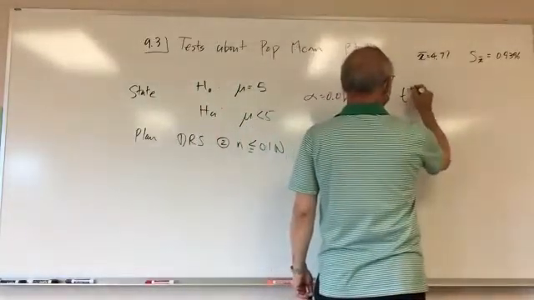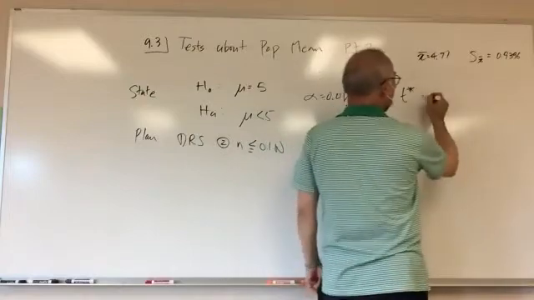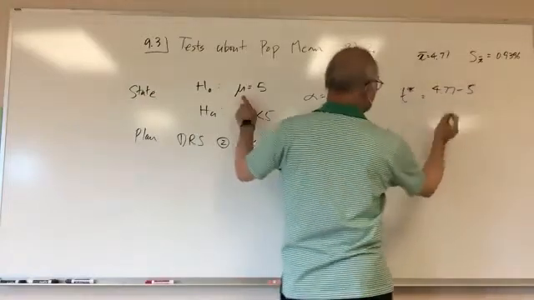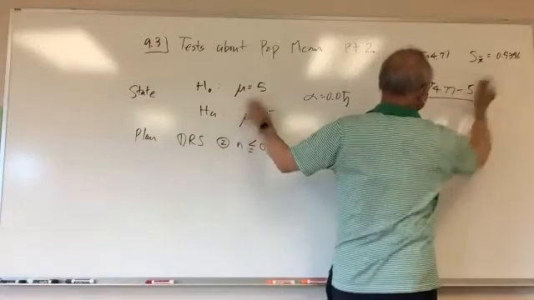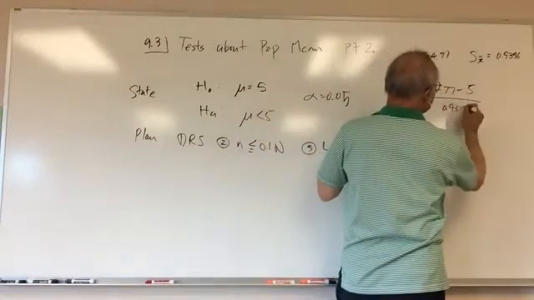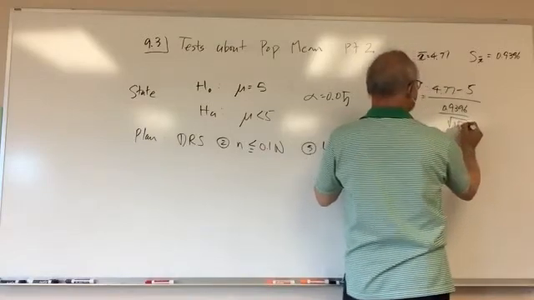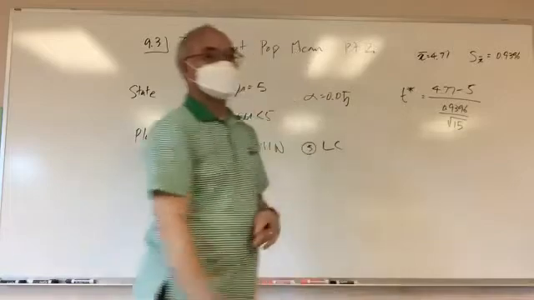we define this, right? 4.77 minus 5, over 0.9396 over the square root of n. What was n? What do we get?